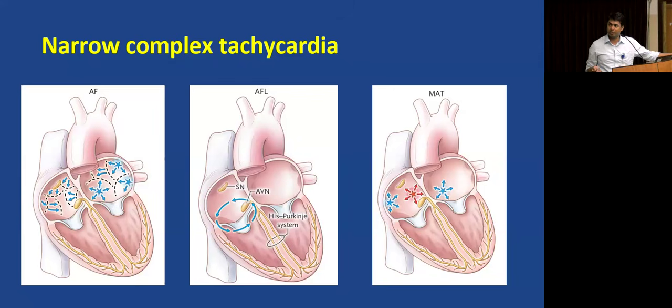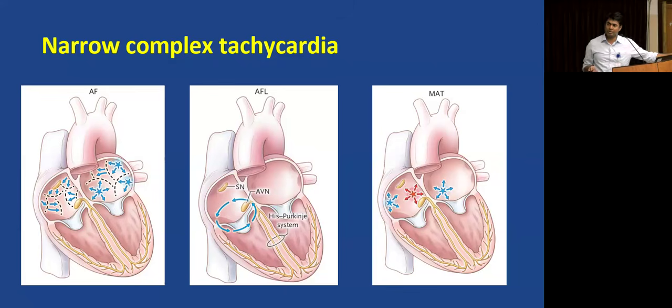Then there is multifocal atrial tachycardia, which you sometimes see in COPD exacerbations, where instead of a single focus firing, there are multiple foci firing. Then the other example is atrial flutter. Here again, it's a reentrant tachycardia involving only the atrium. Here the picture is not accurate, but it's only the atrium.